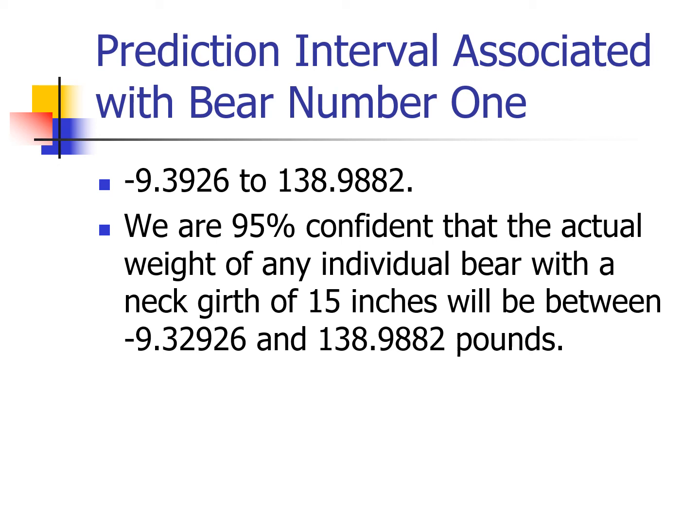In this case, we don't have a lot of certainty in our guess. We're 95% confident that it's between -9 and 139. That's a pretty broad range of values, perhaps so broad that it's not particularly useful. The size of that interval is being contributed to by perhaps a relatively small sample size, the fact that we're predicting away from x bar, and of course just the inherent variability in a bear's weight, essentially that MSE.